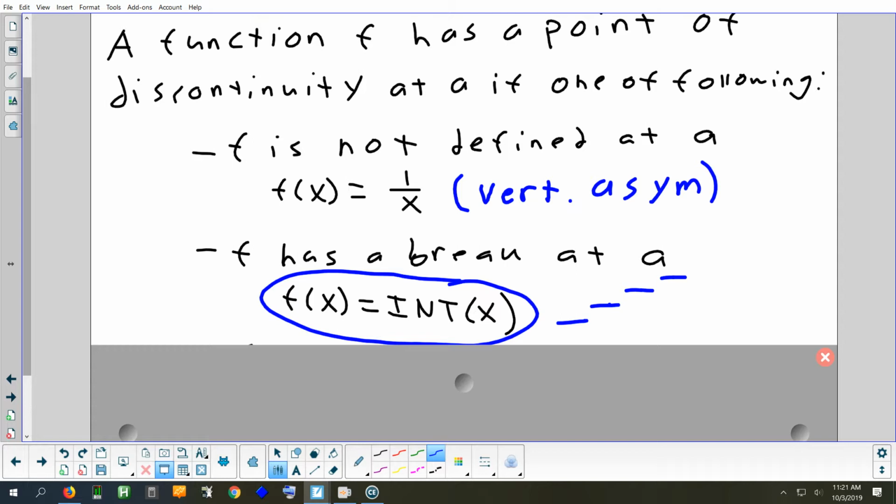What do you think, Chris? 0? Sure, 0. Anything else? Jared, what do you think? Whole numbers, because they're already rounded.